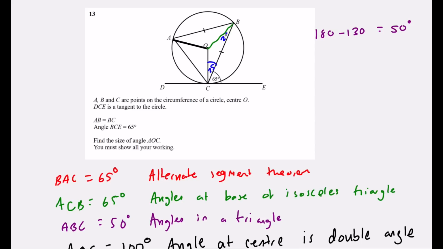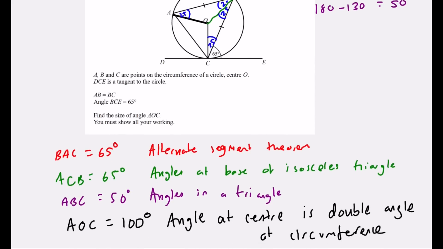Then we've got 25 here. And then what we've got is two congruent triangles: two radii and BC, two radii and AB. So they're equal. So 25, 25. So this angle is 50. And again, the angle at the center is double the angle at the circumference.